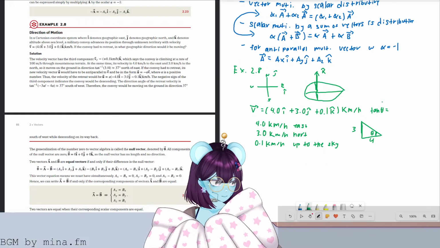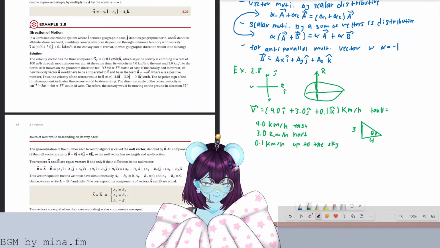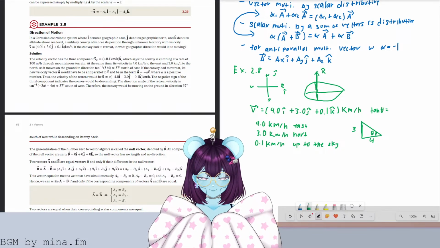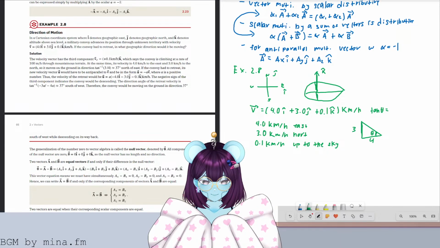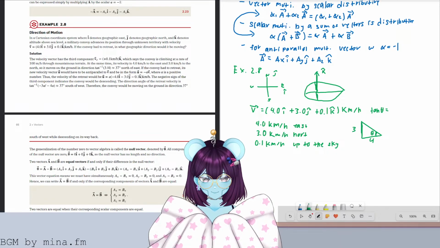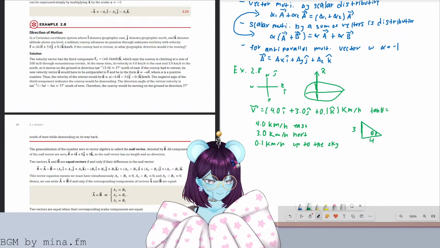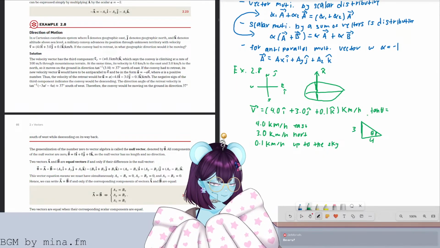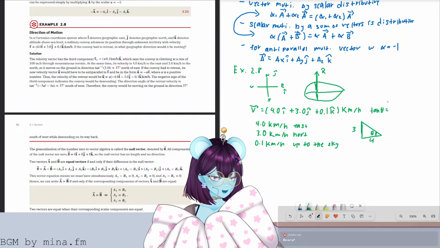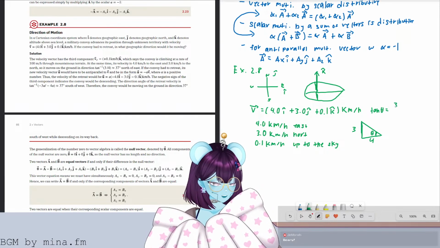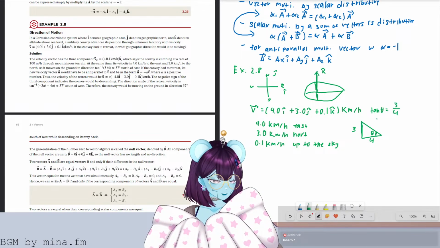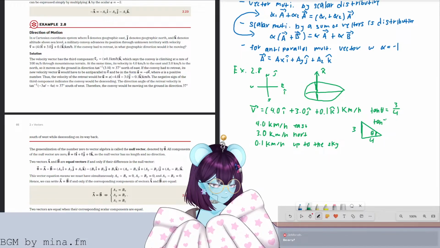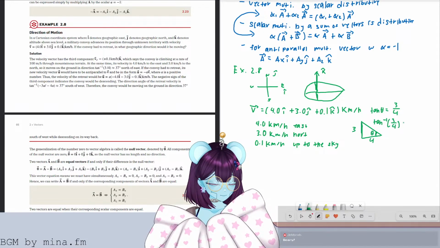Hold on, give me a second. Yes, it is. I remember correctly. Okay, this is the tangent angle. Then we get 3 over 4. And then you can do the inverse tangent of that, which is what they're doing. And they get 37 degrees.